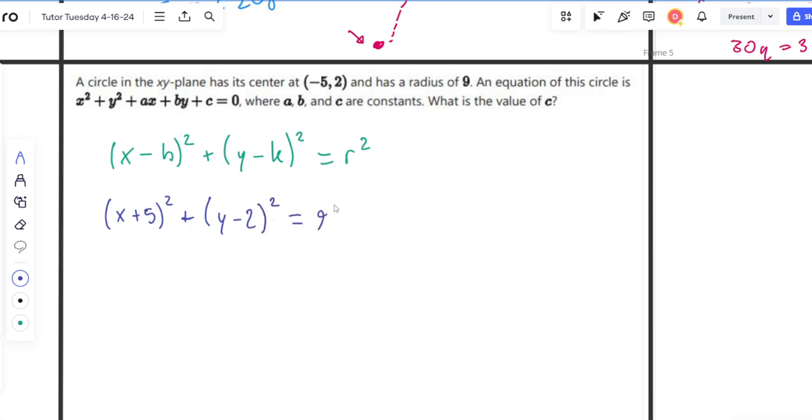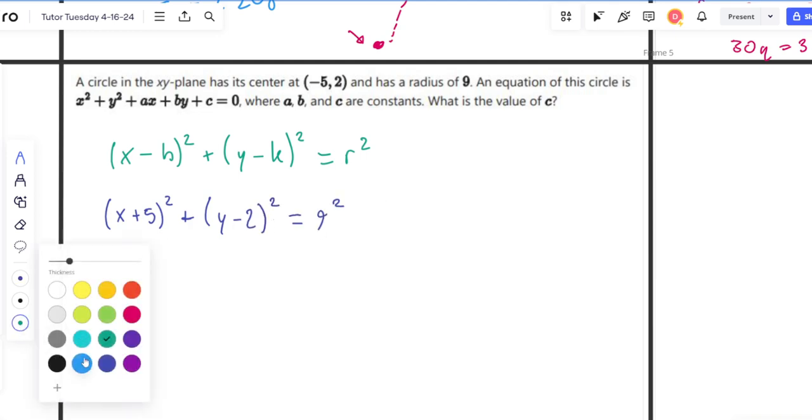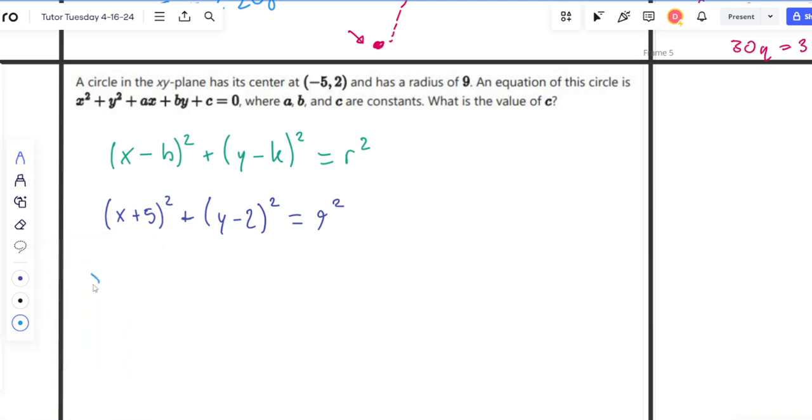We get 9 squared. So we can actually expand all these out and get something like x squared plus 10x plus 25 plus y squared minus 4y plus 4 minus 81 equals 0. Because this is the format they want us to get it in. Except the last thing I'll do is just combine like terms, right?